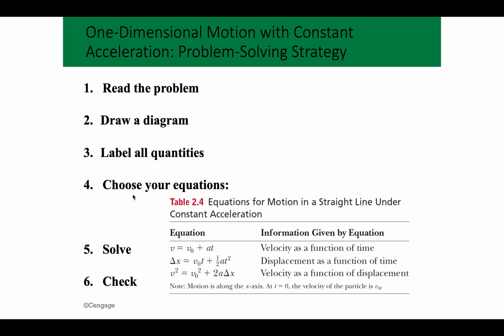Label your quantities. I like to say, write down what you know, label the quantity, and write down its value. And then I like to write, what are you looking for? Put a little question mark next to that. Then, before you do any calculation, you're going to choose one of the equations that you're going to use to solve it, and write that equation in variables.